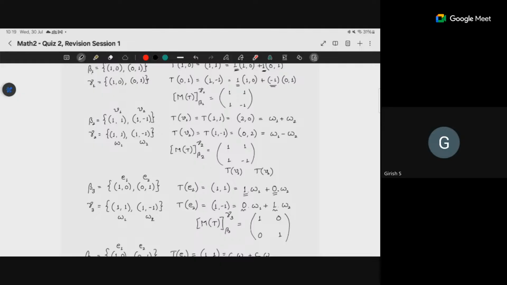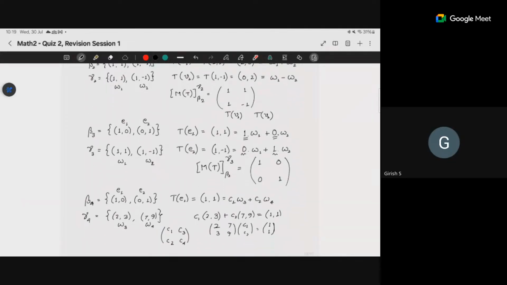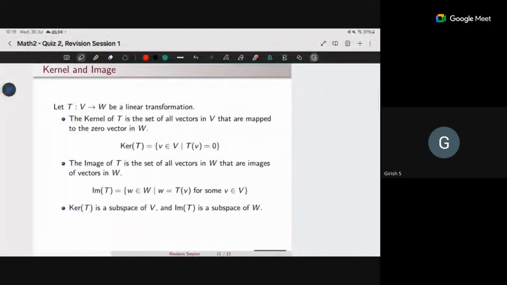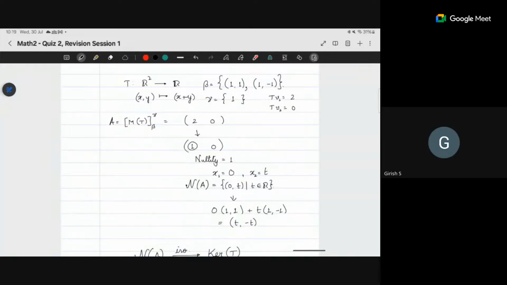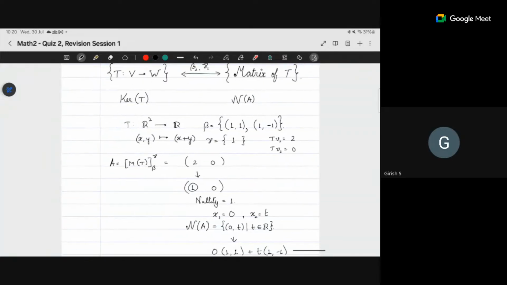So making smart choices of basis will give you simpler representation and hence simpler calculations later on. So that's the answer to the question, why do we do this? Do the problems. It might be sort of confusing in the beginning, but you'll get used to it.